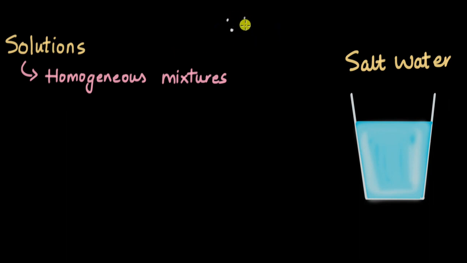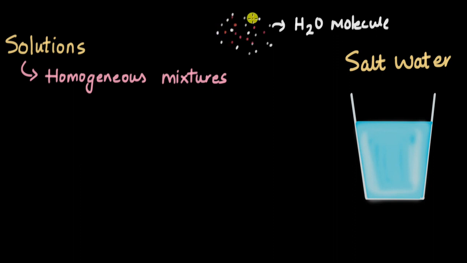So let's say there are these water molecules. Each dot represents a water molecule, right? An H2O molecule. So when we say that salt is dissolved in water, it means that each individual particle or ion of a salt is spread out uniformly across the body of the water.